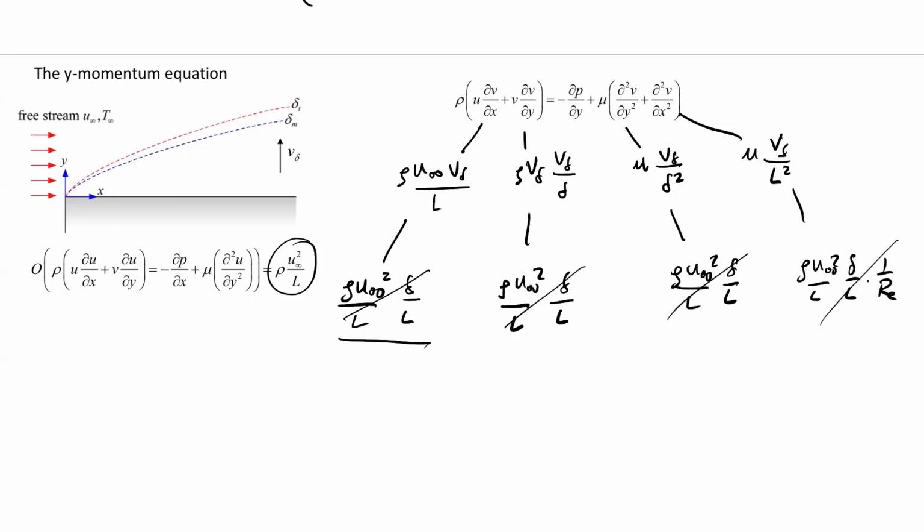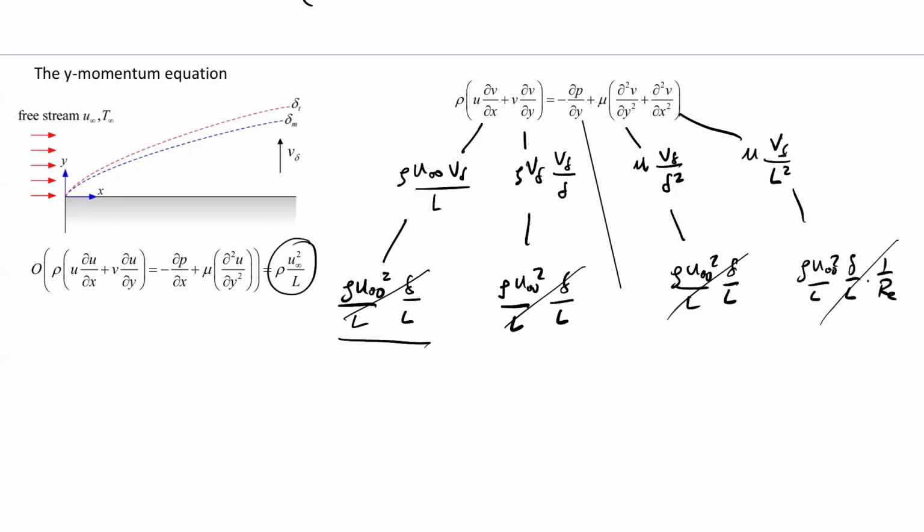The other part that we skipped was dp dy. If those four things are all insignificant, all on the order of 0, then what does that say about dp dy? It also has to be on the order of 0. You can't have an equation where one thing is big and equal to 0.